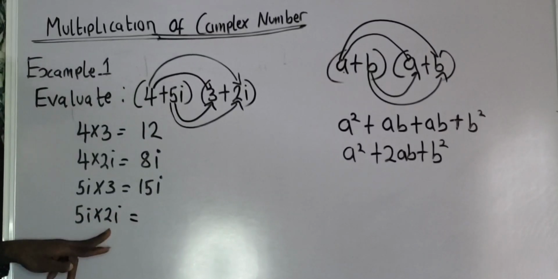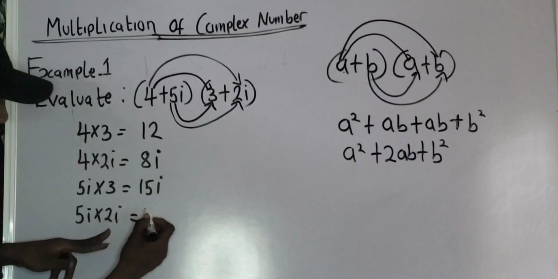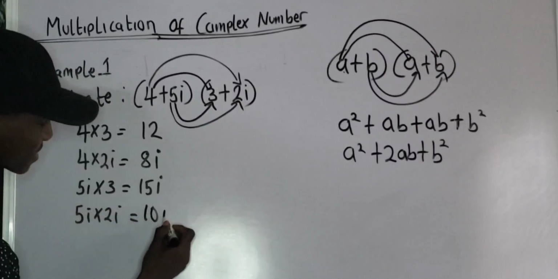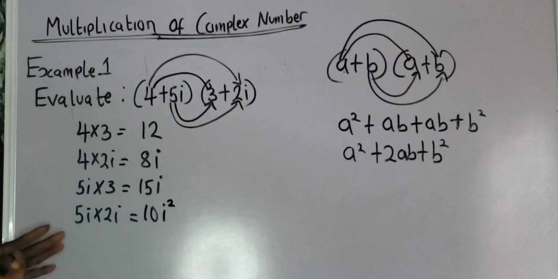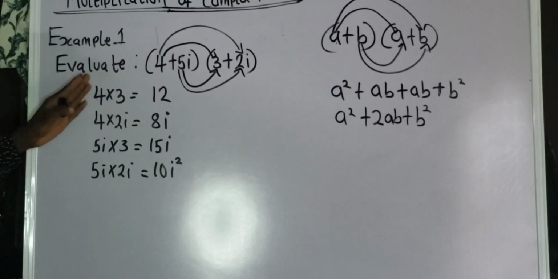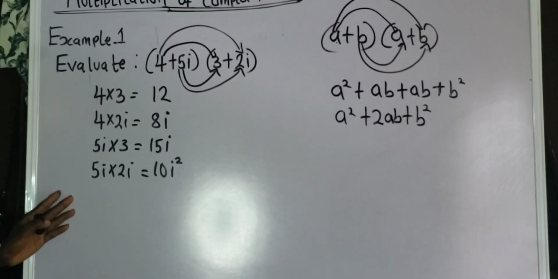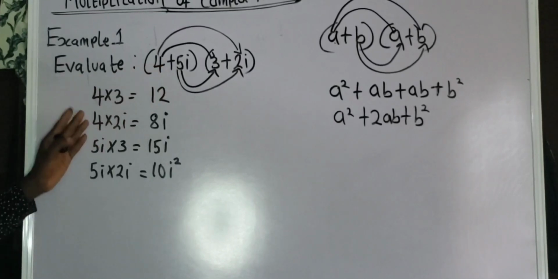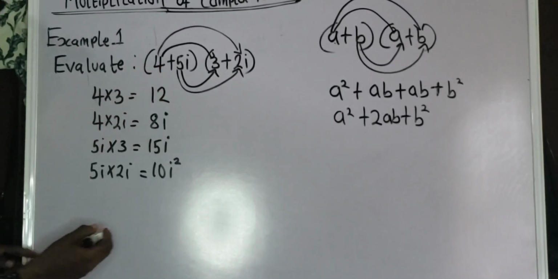So 5 multiplied by 2, that is what? 10. So I'm going to have 10. i multiplied by i, that is i squared. So I'm going to have 10i squared. Do you understand? So the reason why I wrote this is because I want you to understand, okay? If I'm solving this in the exam, I wouldn't have to put this, okay? So now let us proceed.